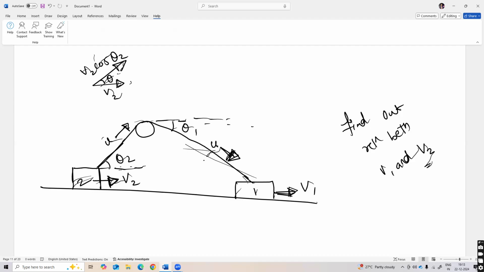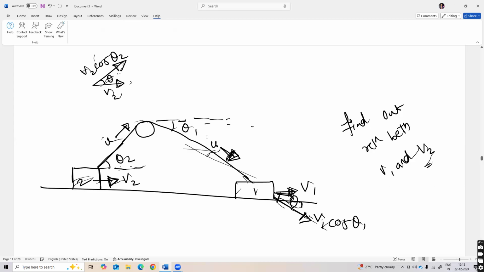So the velocity component of v1 along this direction is v1 cos theta 1.